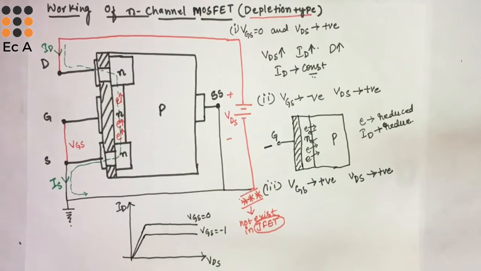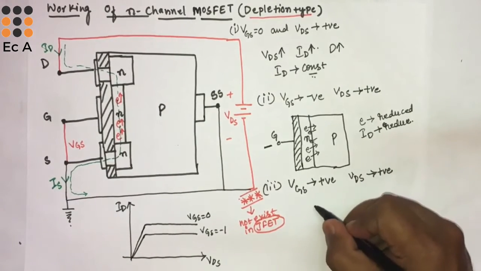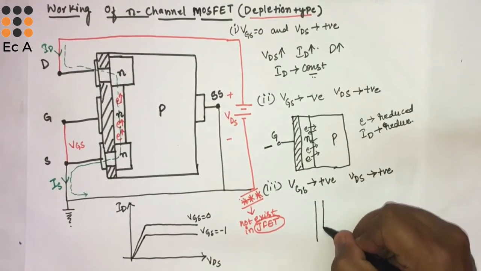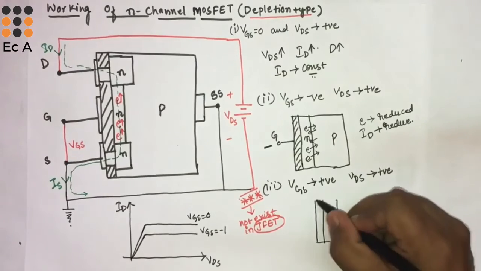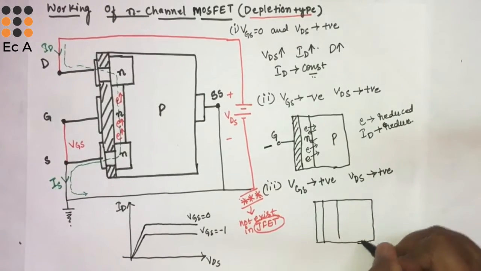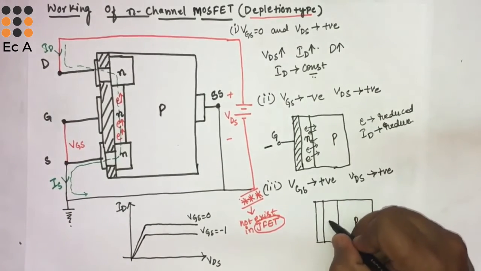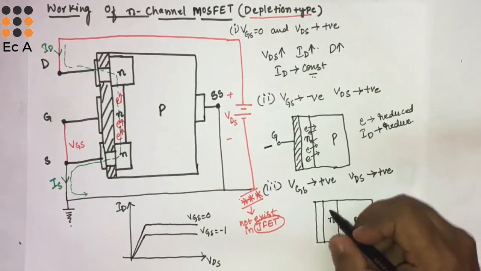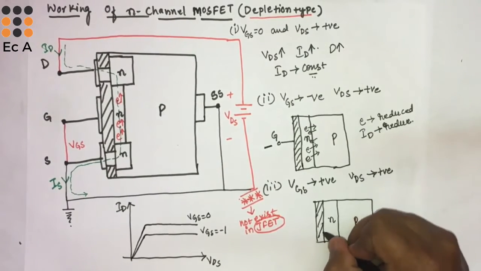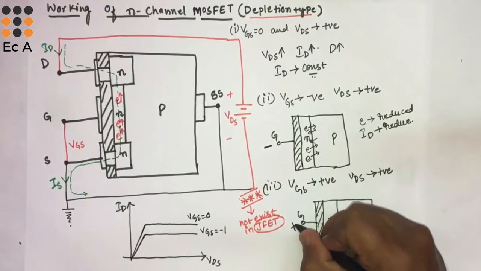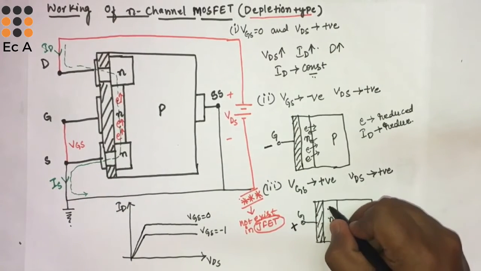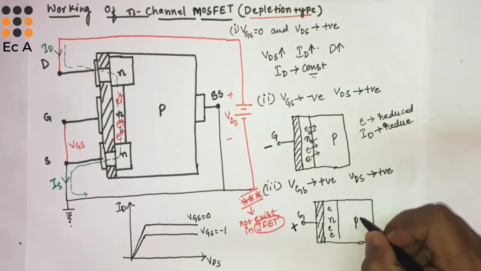So if we apply positive voltage to gate, let us take the region below the gate. We have a P substrate, we have N electrons, and this is the insulation and the gate terminal. We are making the gate positive, and already electrons are here in the N channel.